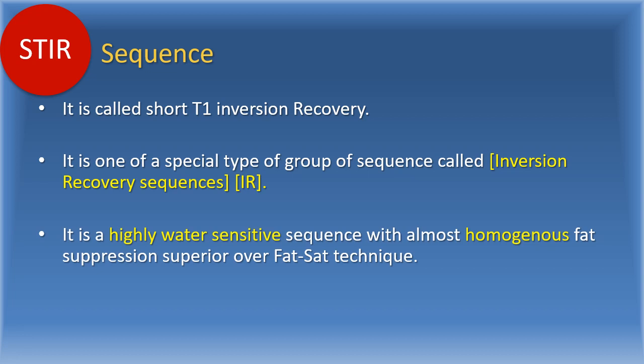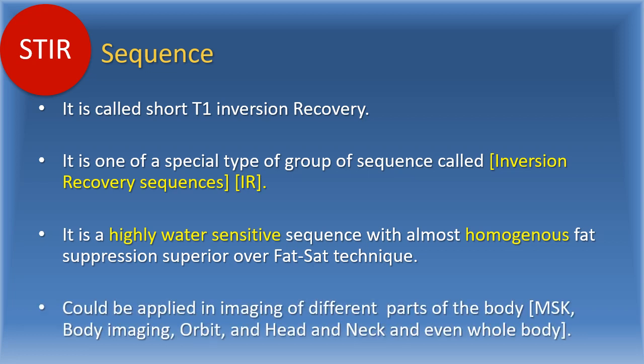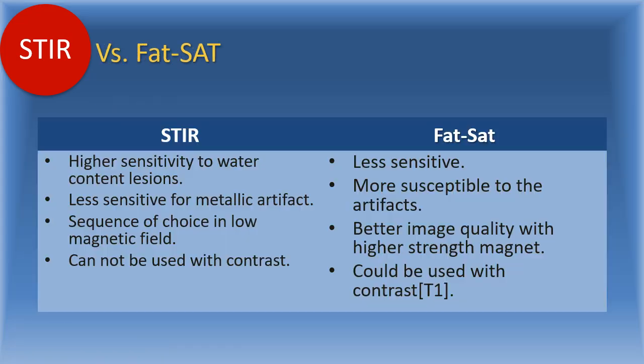The first one, it's highly sensitive to water. The second one, it has homogeneous fat suppression, superior to the fat set technique. Thus, this sequence is very important in musculoskeletal imaging and imaging of other body parts like the head and neck, body imaging, and it can even be used as a screening sequence for whole body lesions.